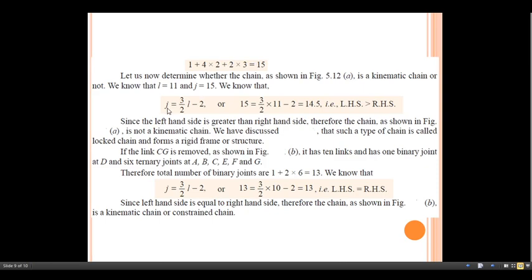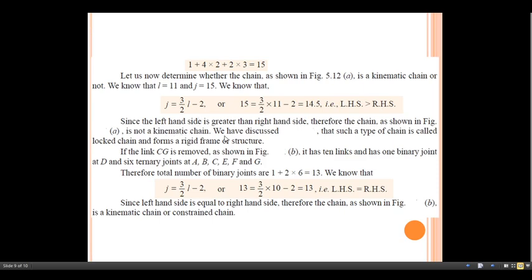Now apply the relation J equals 3 by 2 into L minus 2. We know the number of joints and the number of links. Here 15 versus 15.5: the left hand side is greater than the right hand side. Therefore, the chain shown in the figure is not a kinematic chain.